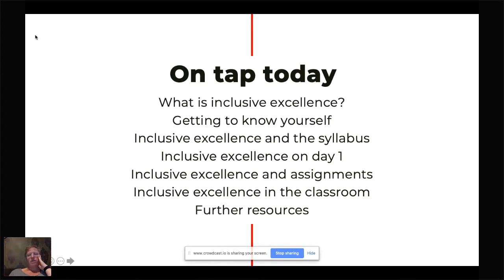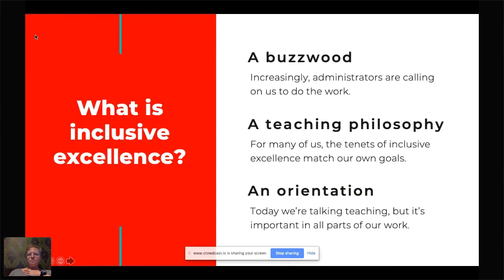We'll then talk about inclusive excellence on day one and how to open your class in a way that sets the tone for a good semester. Then we'll talk about assignments, and then finally what happens in the classroom in a daily way. And then we've got some further resources to share with you, some from Ideas on Fire and some from external sources. So let's go ahead and get started.